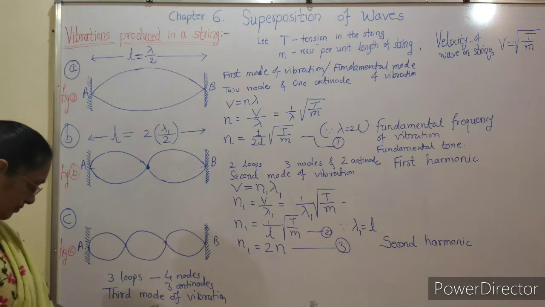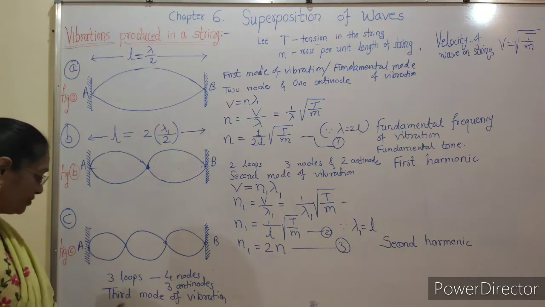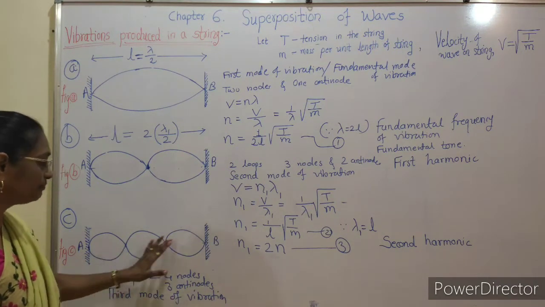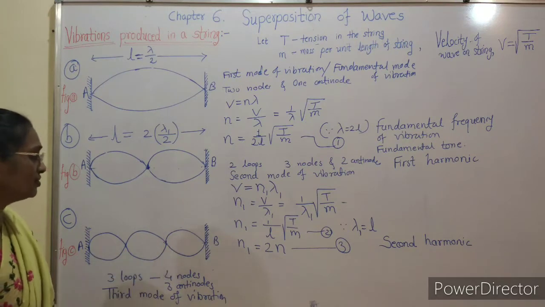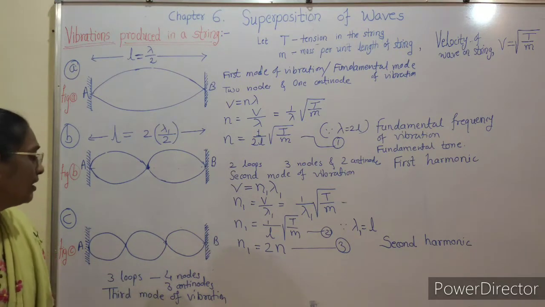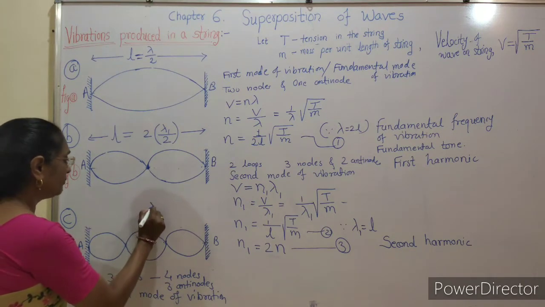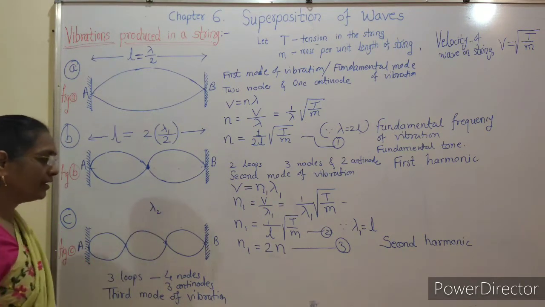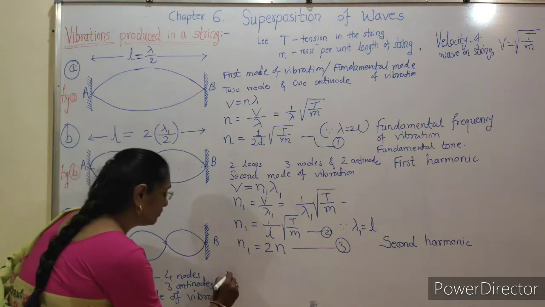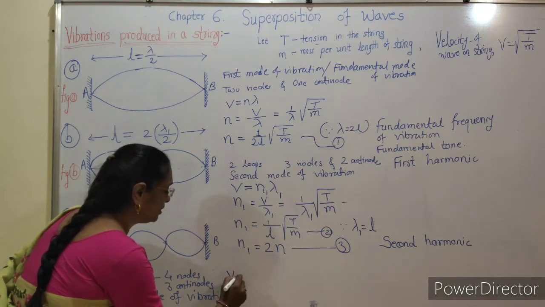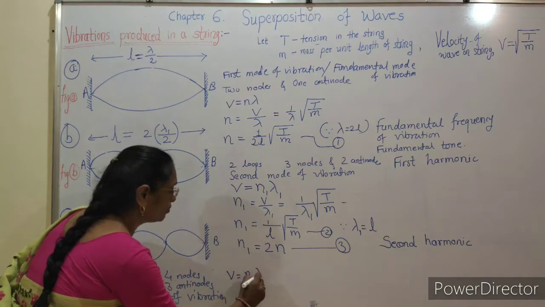Now we are at the third point, which is the third mode of vibration. Here waves consisting of 3 loops are there. It is also having a different wavelength. That wavelength is now denoted by lambda 2, so that we can write in this case V is equal to n2 lambda 2.